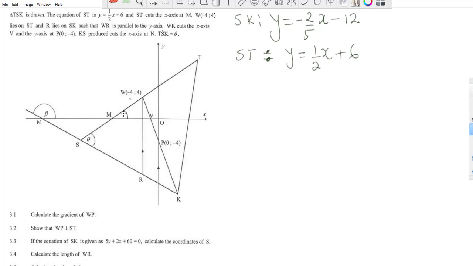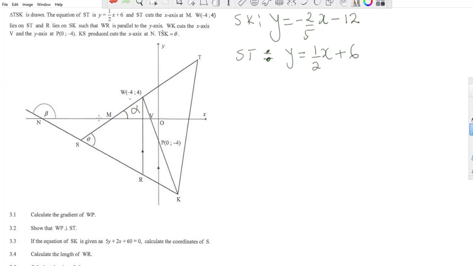To find this angle, which you can call alpha, the angle that ST makes with the x-axis, we only have a possibility to find the angle beta and the alpha. Then from this angle we can find this angle. So what is going to happen?